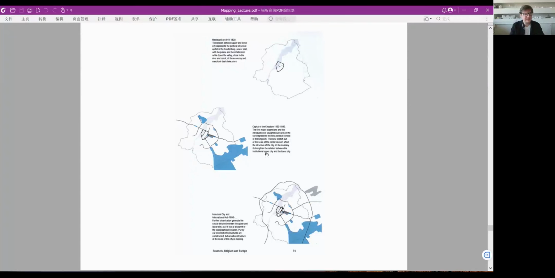So let's say the Industrial Revolution. A ring was kind of rounded, as you also saw in Kassel in the beginning of my lecture. And it's a very typical urban expansion.